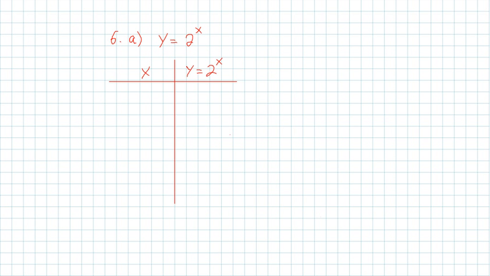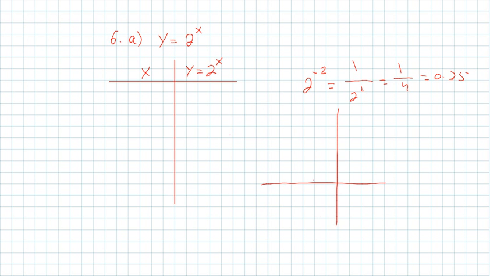Because remember, if I have 2 to the power of -2, it's going to be 1 over 2 to the power of 2, which is 1 over 4, which is 0.25. Try grabbing 0.25 on your graph. Where would it be? Somewhere right here? But how accurate can you be? You're not going to be accurate, so that's why we don't pick too many negative values.